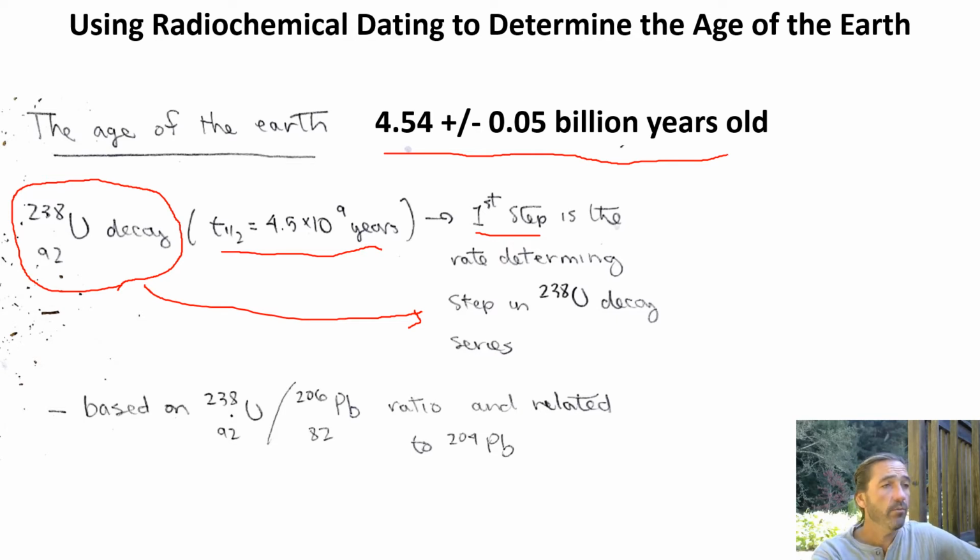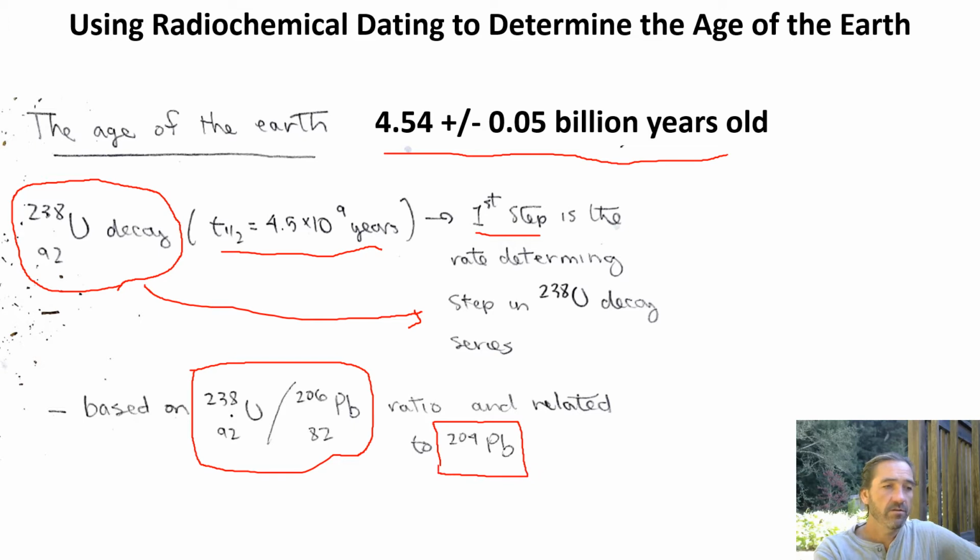And so the way we're going to approach dating the Earth is by looking at the ratios of uranium-238 and lead-206. Lead-206 is the stable isotope that's formed at the end of the series. But we need to involve other isotopes in order to find the age of the Earth.